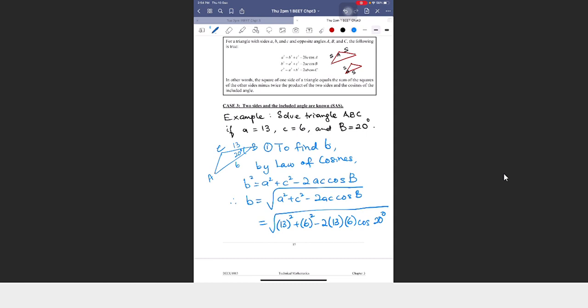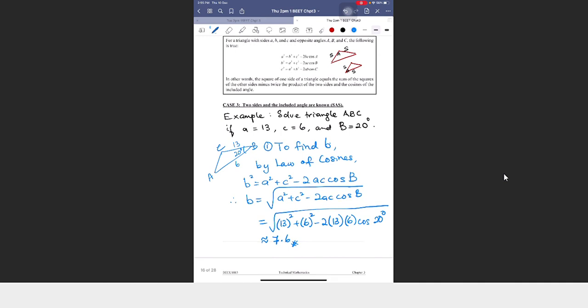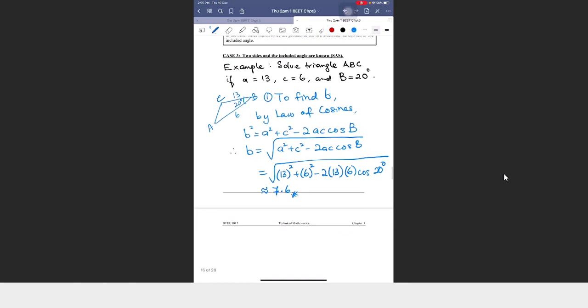You get roughly, if I round this to maybe 1 decimal place, I hope you also get this, 7.6. 7.6 units. That is B. All right, so now the next step is to find my missing angle.